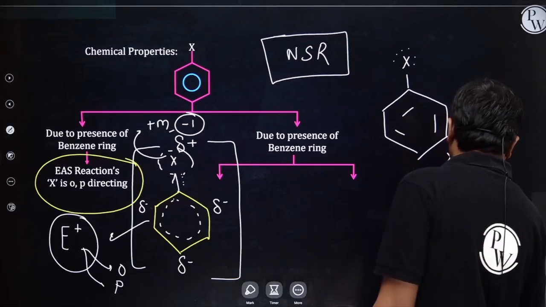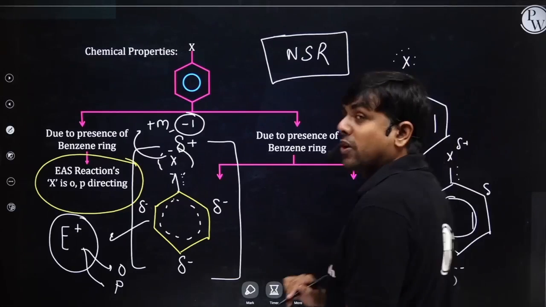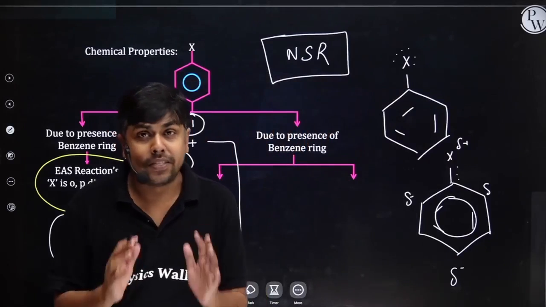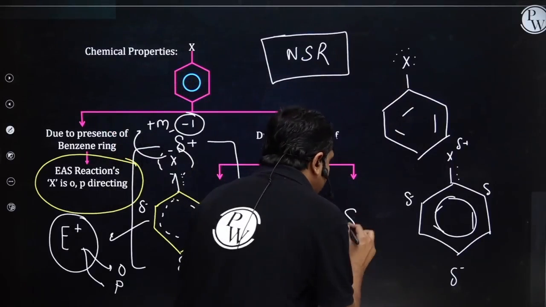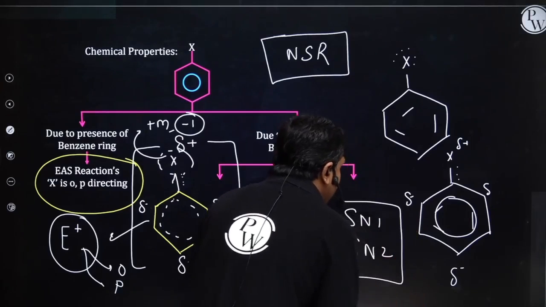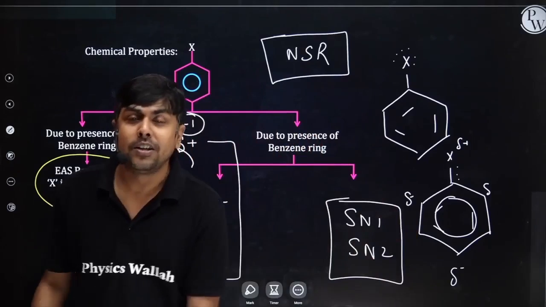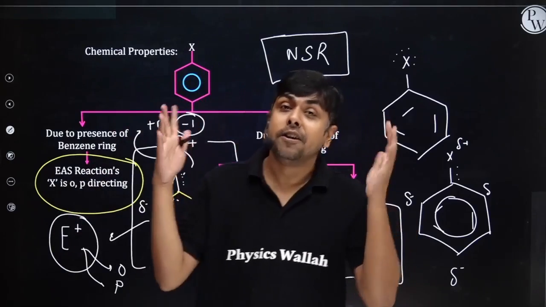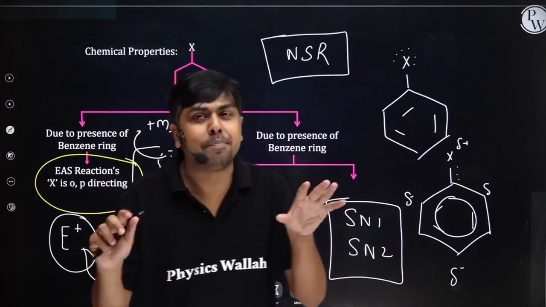It will not undergo nucleophilic substitution reaction easily. Am I clear? Neither will it undergo SN1 nor SN2. Basically, no doubt nucleophilic substitution reaction occurs here, but via a different pathway, via a different mechanism.